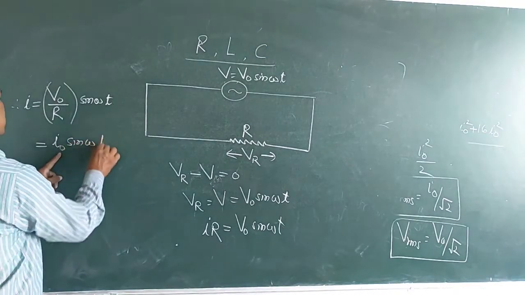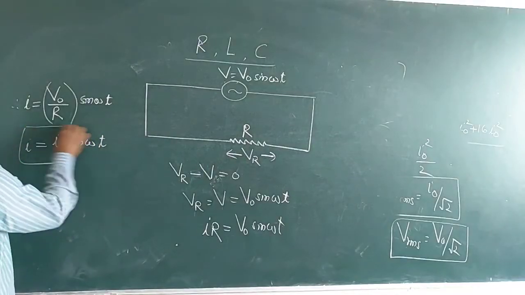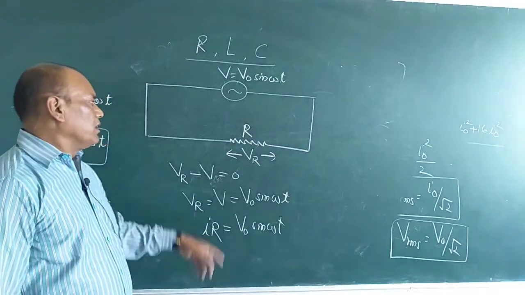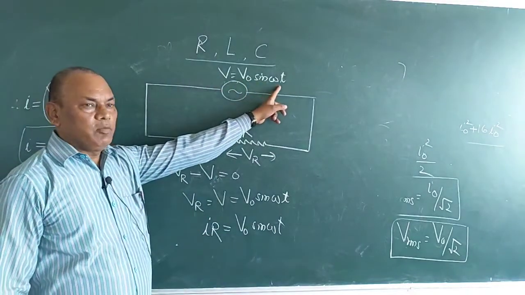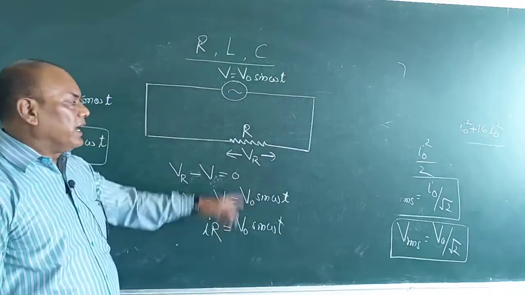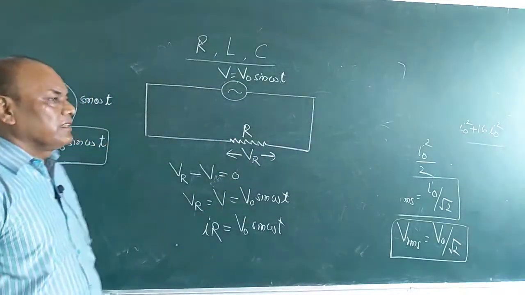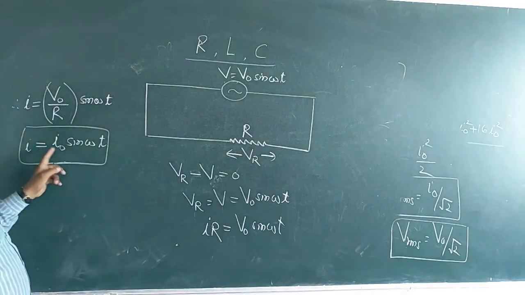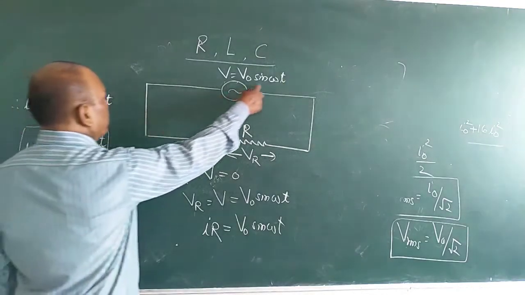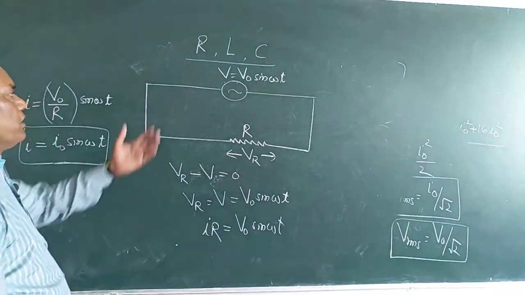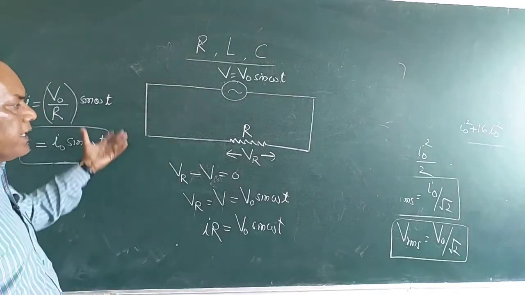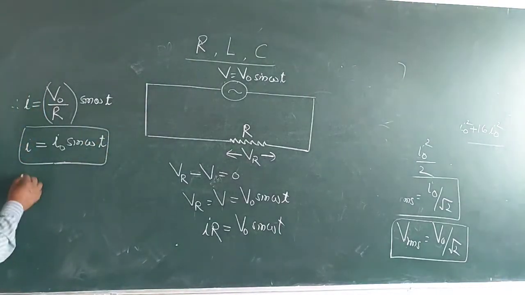So here, this equation V equals V0 sin omega t is the voltage applied to the circuit, and in the resistance the resulting current I also follows I0 sin omega t. So looking at these two equations, we find that voltage and current have no phase difference, so both are in the same phase.